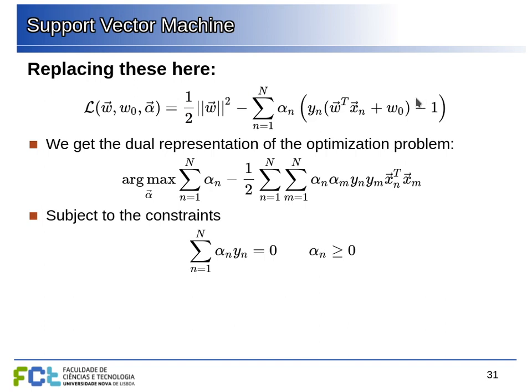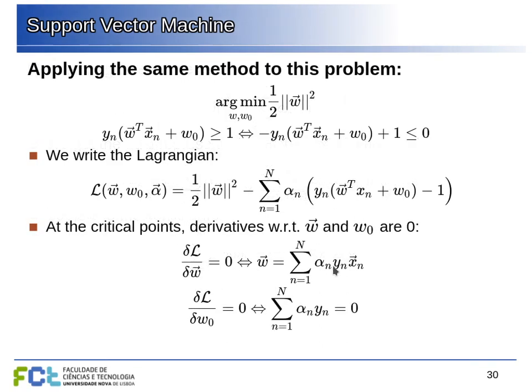And by doing this replacement and finding the dual problem, I'm going to skip this part. So basically we can replace these expressions for the W and for the W0 where the derivatives are 0. So the W0 will give us this additional constraint. The W can be replaced by this expression.